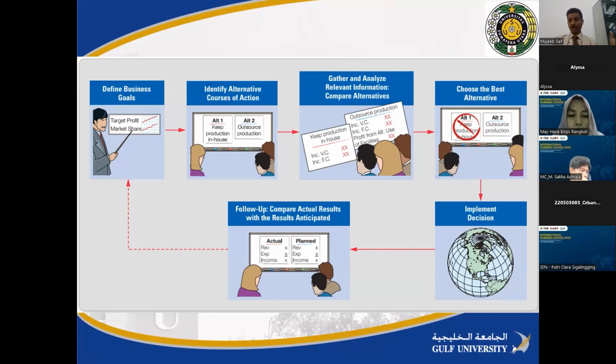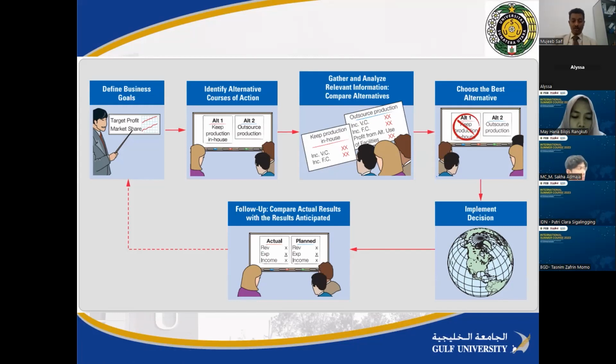After we compare all those alternative options, absolutely we will select the best alternative amongst the options, right? And then we will implement this option, and then we will follow up with the implementation of this option.